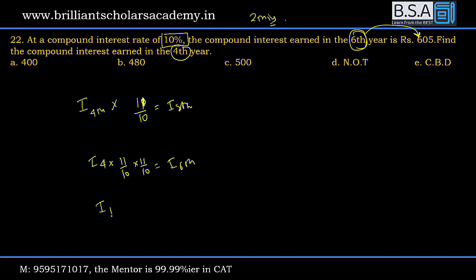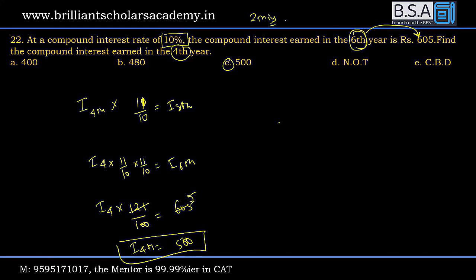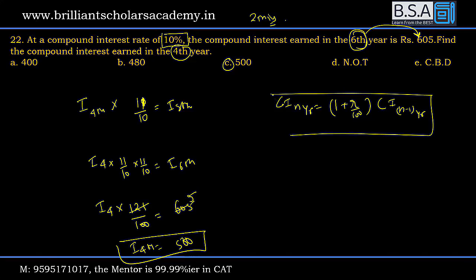So what I have, fourth year interest into 121 upon 100 is equal to 605. Cancelled 5 times. The fourth year interest is 500 rupees. So I've applied the same concept. Interest of the current year is R percentages more than the previous year.